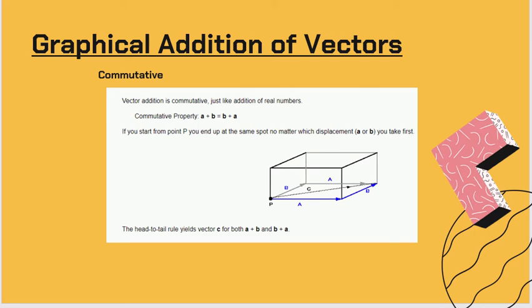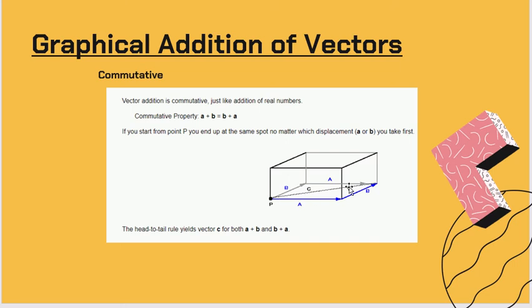So ibig sabihin, whatever the result is, vectors A and B will yield the vector C. This only shows that the two vectors can be interchanged: vector A plus vector B, or vector B plus vector A. So nag-start ka pa rin with the point C, so ang result natin will be obtained from the vector C, yung gitna.